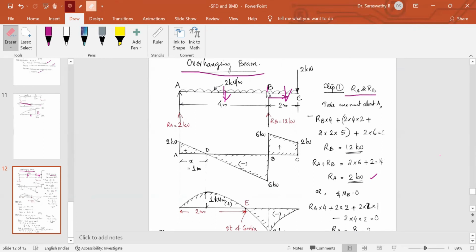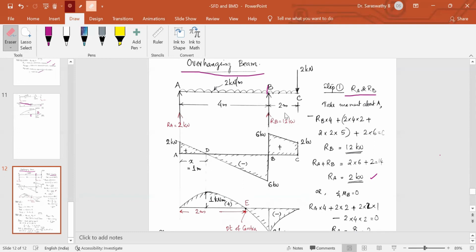And this RB will produce anti-clockwise moment, so that is written here. Is equal to 0. From that we get RB is equal to 12. Then RA plus RB is equal to 2 into 6, the total load, plus 2, so 14. From that we get RA and RB. So either you can take moment about A, get RB, then use vertical equilibrium and get RA.